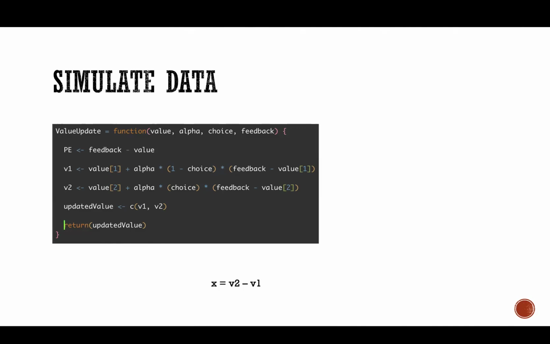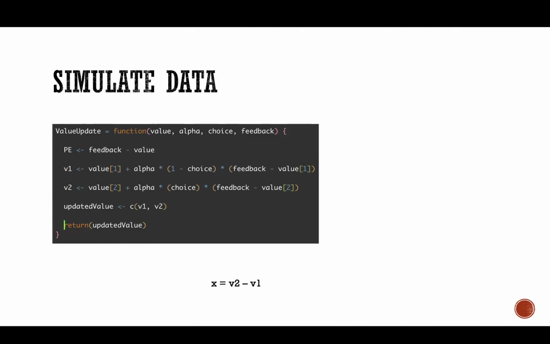Those are the things it needs to run the update rule. Then it calculates the prediction error, feedback minus the value. And then it says the expected value of the first choice is the value of the first choice at the current time plus alpha times 1 minus choice times the feedback minus value.